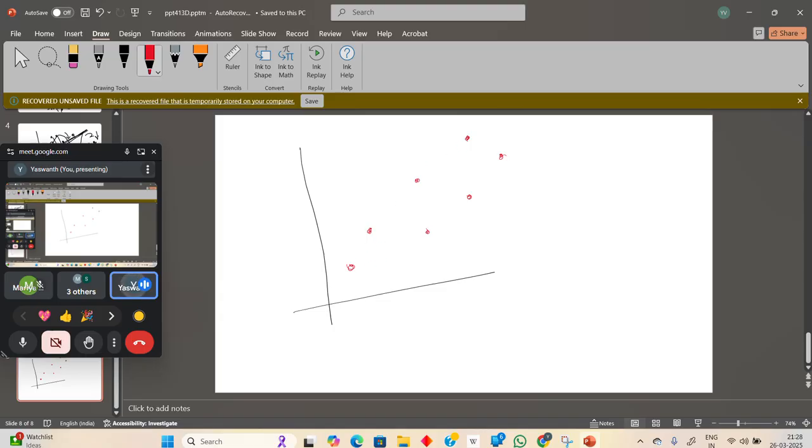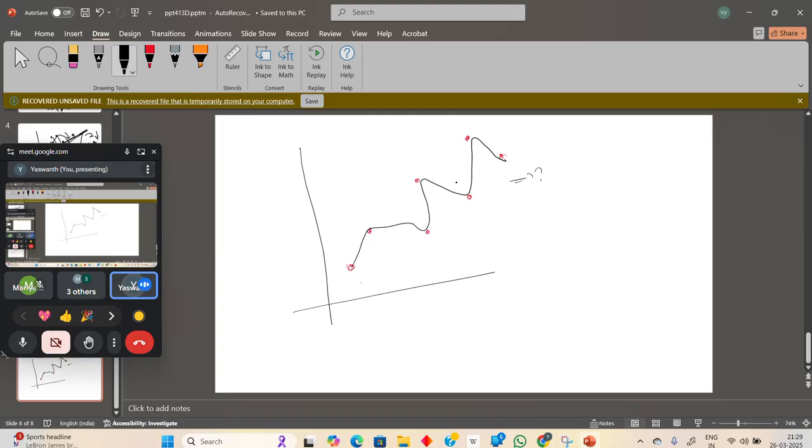I took 7 points. Generally this is the best fit line if I plot it. But in overfitting, it will go and touch every point. It will try to cover every point.